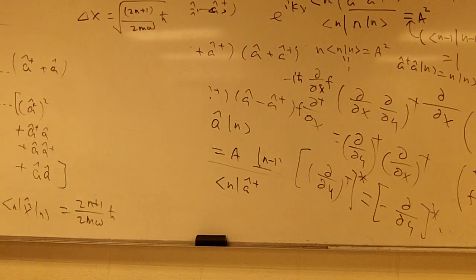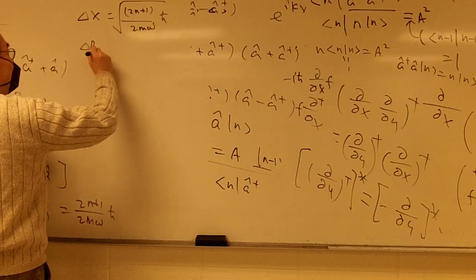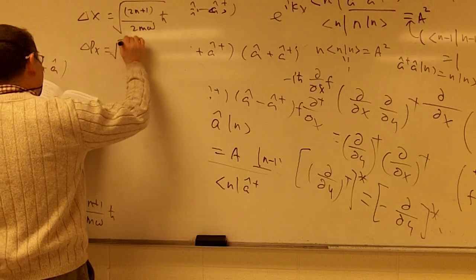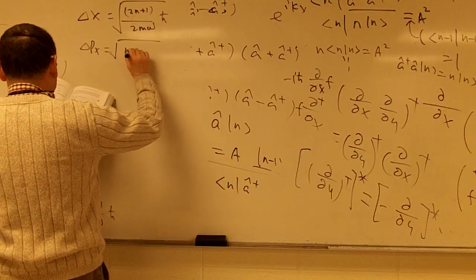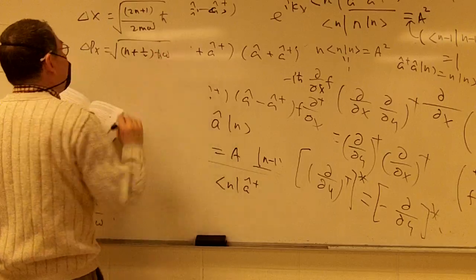So this is the uncertainty for the position operator. You could also calculate the uncertainty for the momentum operator, and this is the bottom equation there. You will end up with n plus 1/2 h bar omega.